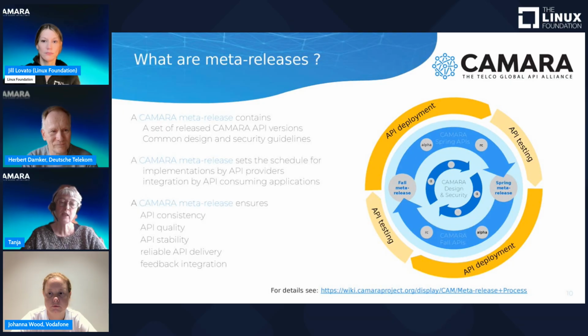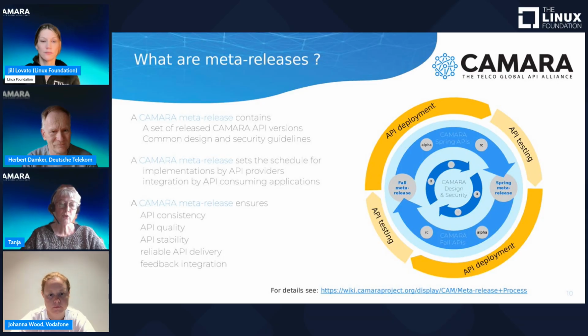And also for the API consumers, the people building applications, to know which APIs they should be relying on for their application building. And so CAMARA meta releases ensure overall the API consistency and the quality of the APIs, because there is a review in the API lifecycle at each stage to progress the API through till its public release.